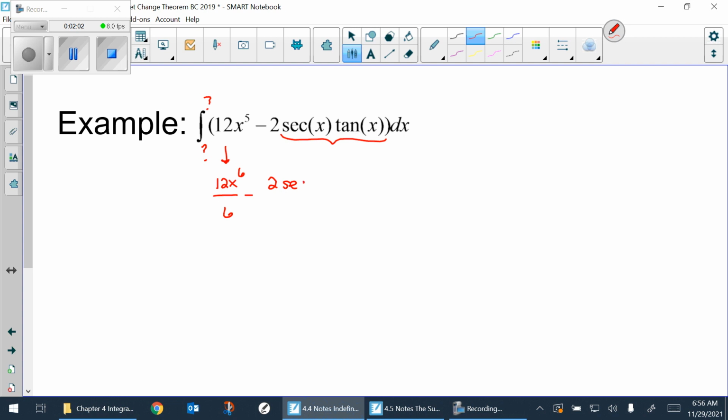So the antiderivative of secant tan would be the secant, in this case of x. And since this is indefinite, general antiderivative plus c. And we would probably want to clean up this 12 over 6 and just call it 2.